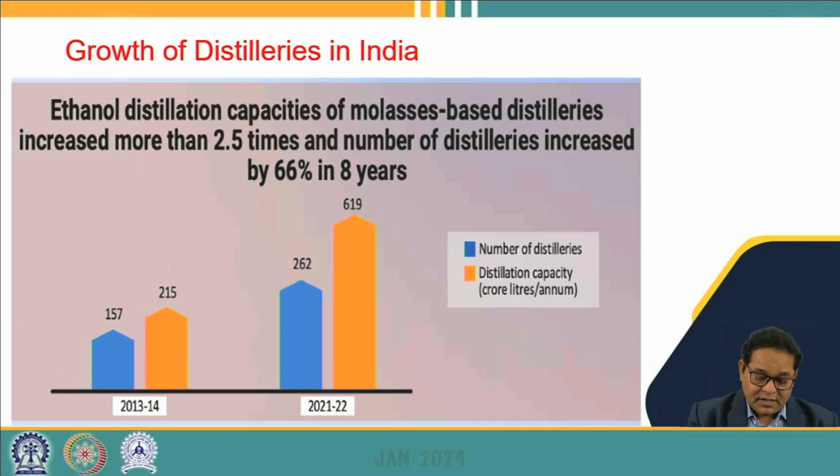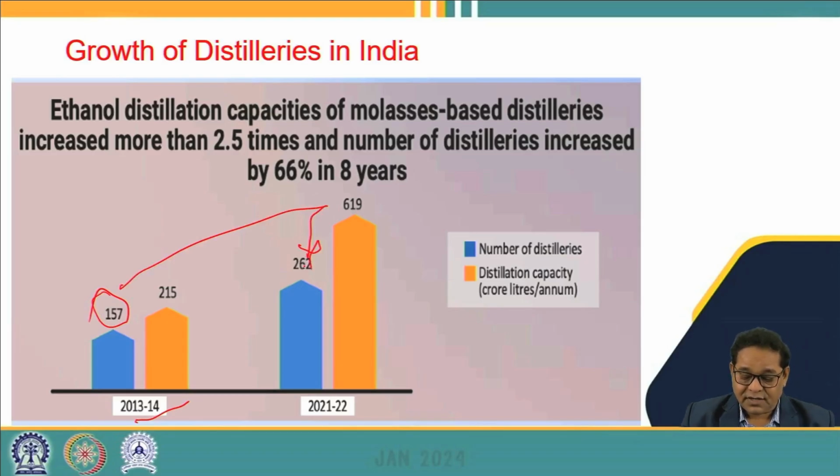And if we see the growth pattern of the distilleries in our country, in this diagram there were initially 157 distilleries in our country, especially during 2013 to 2014, and this has increased to around 262 distilleries.